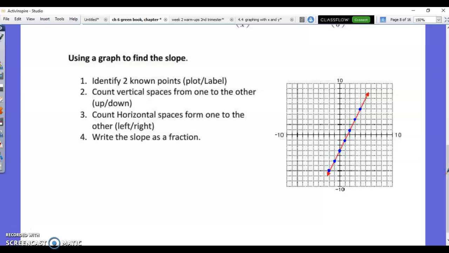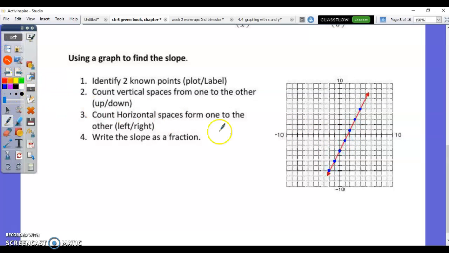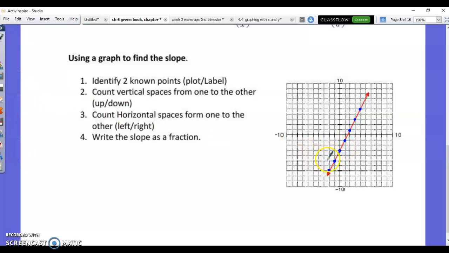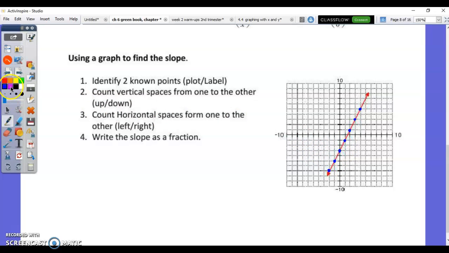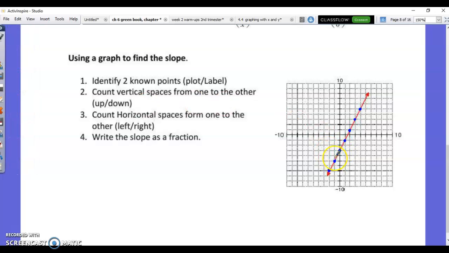You can actually pick any 2 points that are next to each other. And if you pick points that are farther apart, you would just have to reduce the fraction at the end. So what I'm going to do is go from this point to this point, and I'm only going to indicate my direction up and down and left and right. From this point, I go up 1, 2 spaces. So the top number of that fraction is a positive 2 because I'm going up 2.